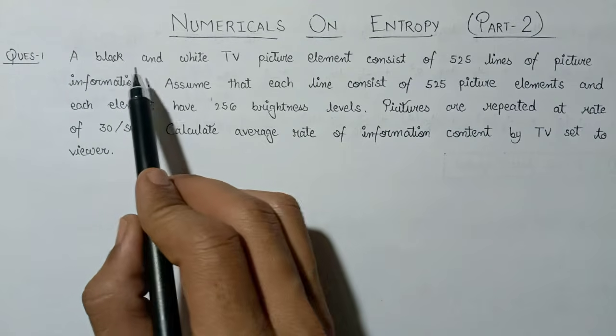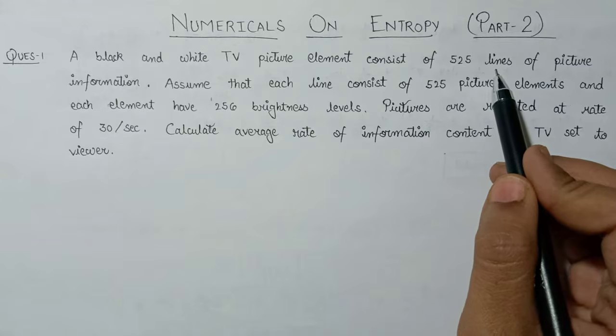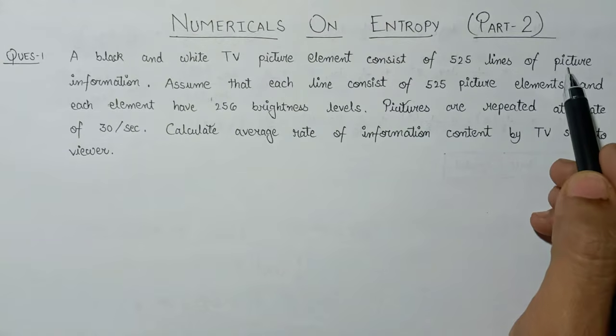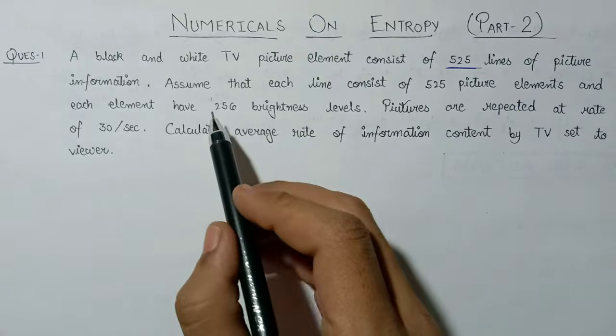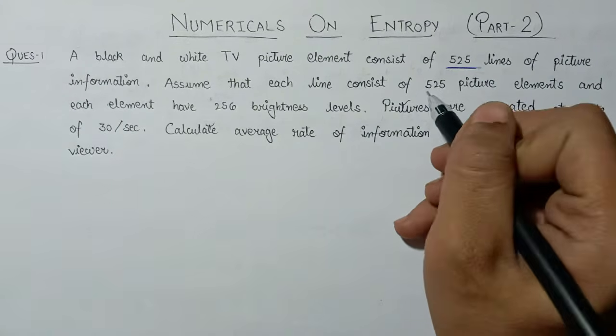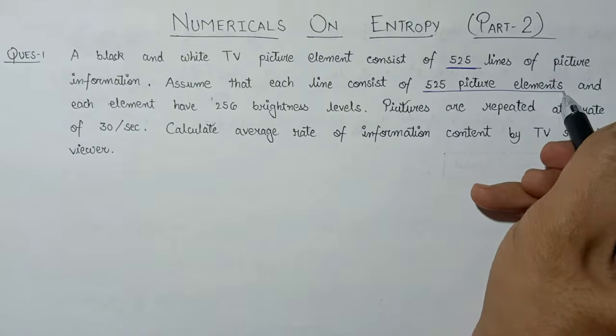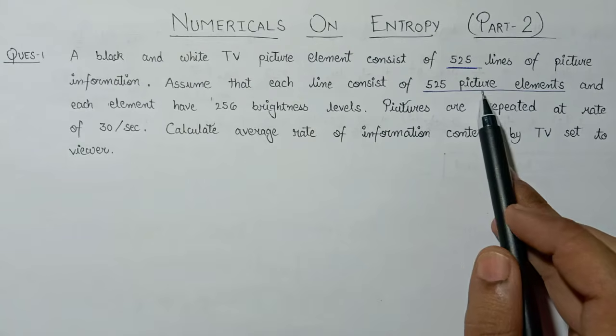It says that a black and white TV picture consists of 525 lines of pictures. And we need to assume that each line consists of 525 picture elements. So there are 525 lines and 525 picture elements.